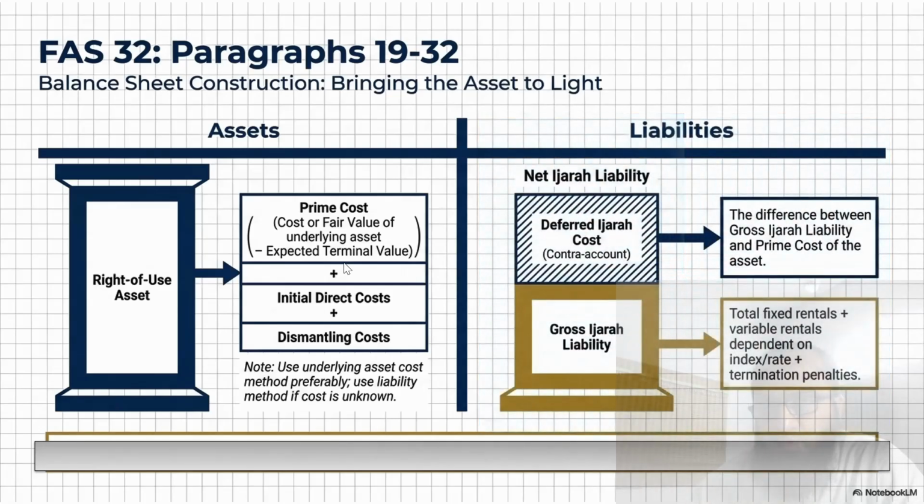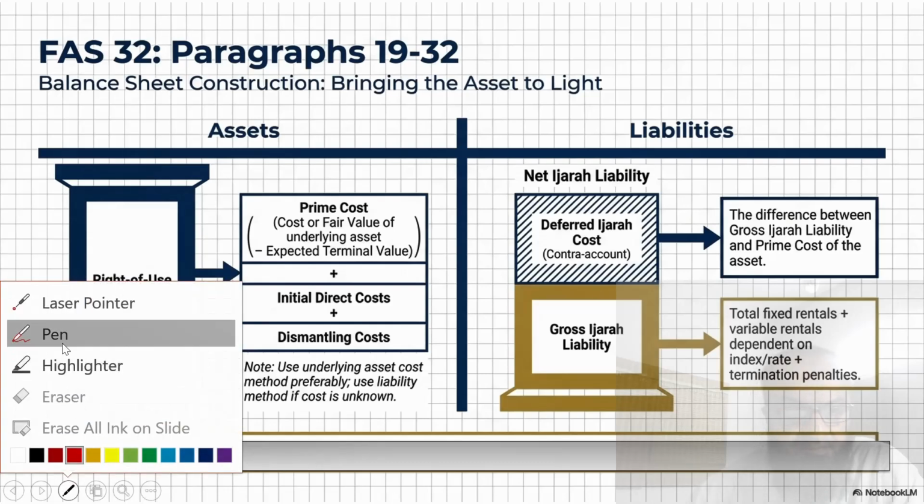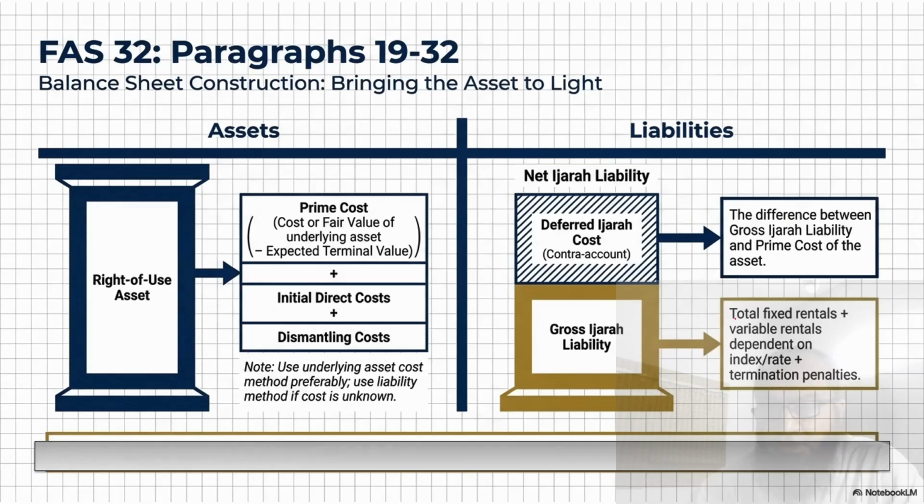So how is the liability to be recorded? There is a gross Ijarah liability, which is the total fixed rentals, 100 multiplied by 12 multiplied by 5 in the example I just gave. Plus there may be variable rentals, meaning those linked to indexes, or sometimes linked to usage.